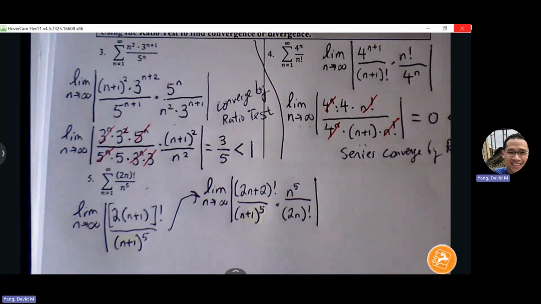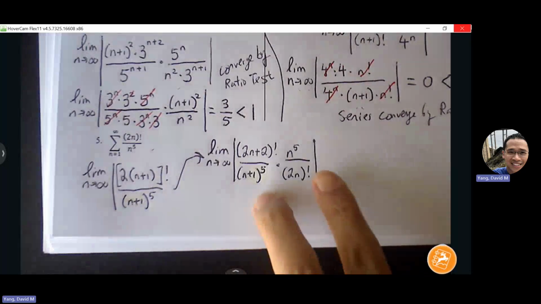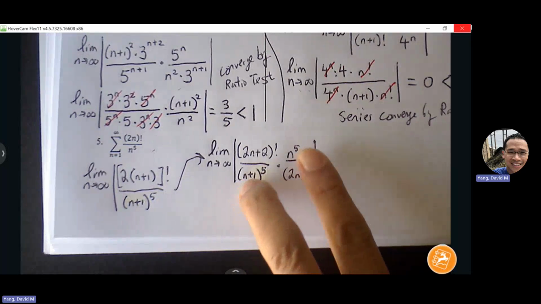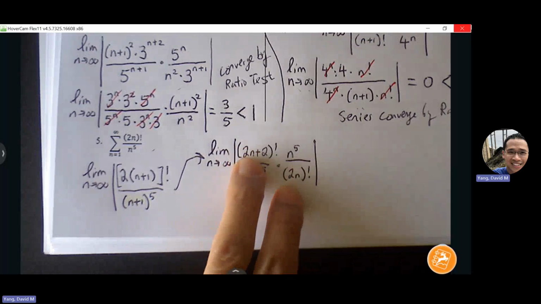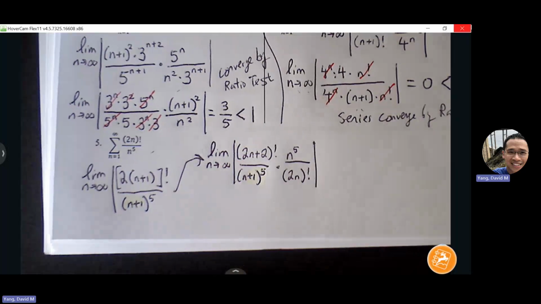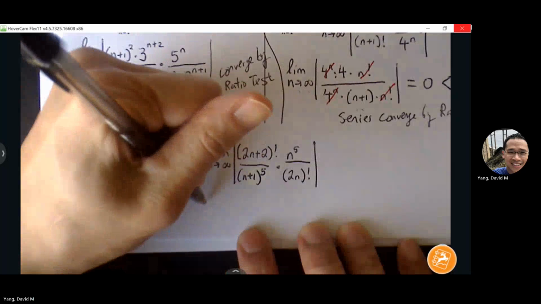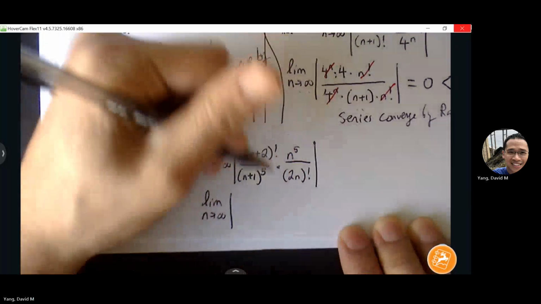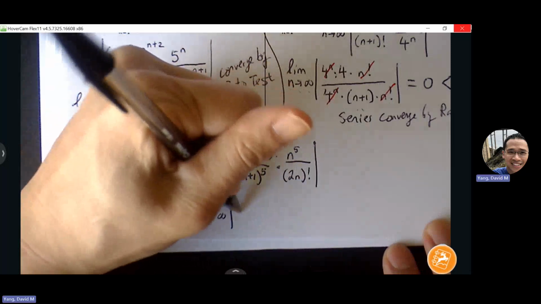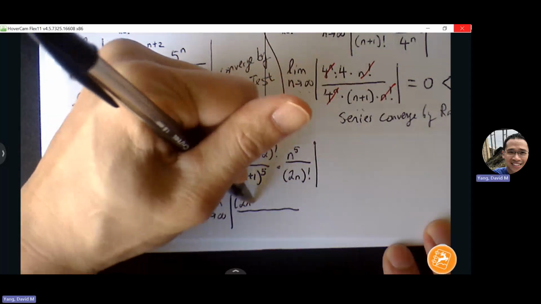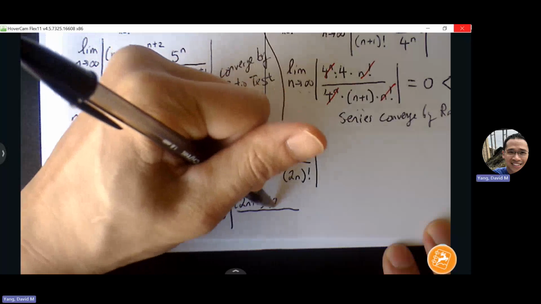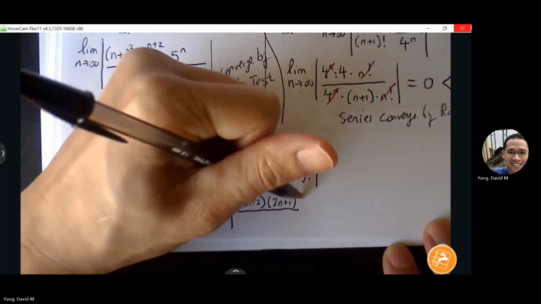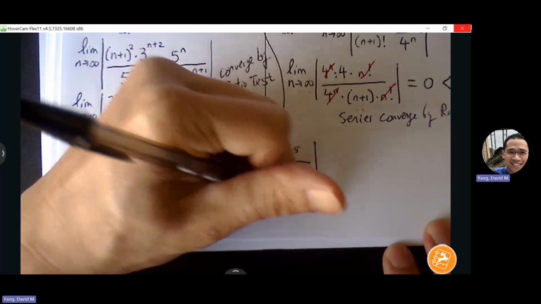Okay, let's clean some things up. We can't do much with the n plus 1 to the 5th and n to the 5th. We know what's going to happen there, but we do want to get the factorials lined up a little bit better here. So 2n plus 2 factorial is the same thing as 2n plus 2 times 2n plus 1 times 2n factorial.